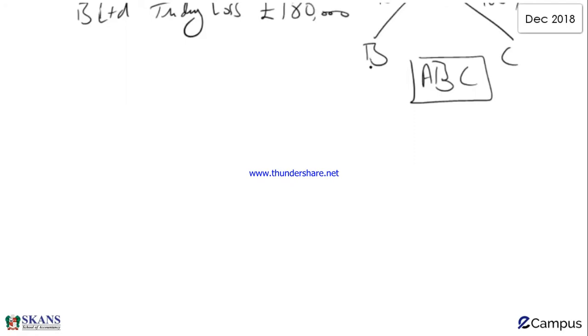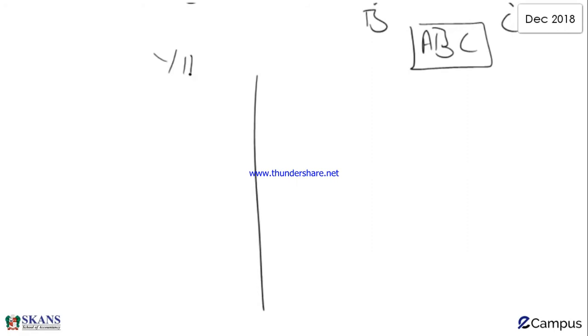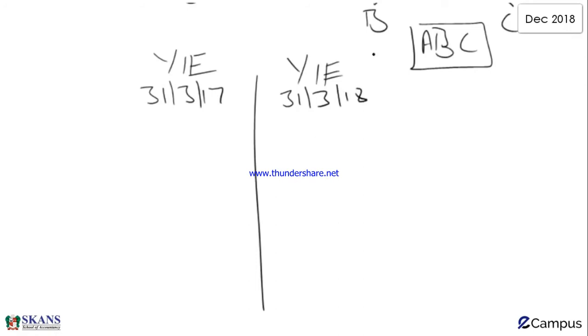B wanted to transfer its loss to A Limited, and the problem is A Limited had prepared its accounts for the year ending 31st March 17 and the year ending 31st March 18. Now these are for A Limited.